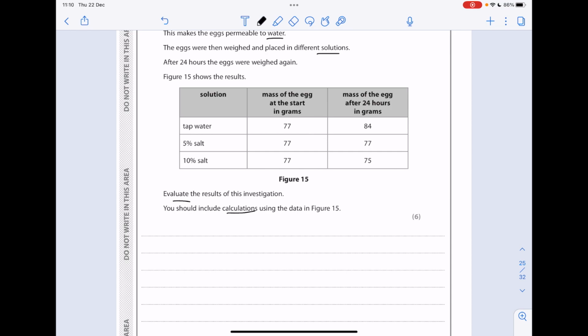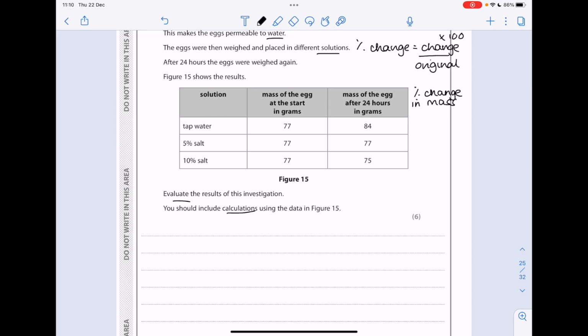Right, so let's do a percentage change in mass. Remember, percentage change is done by doing change over original times by 100. We can see we have an increase in mass of 7 for tap water.